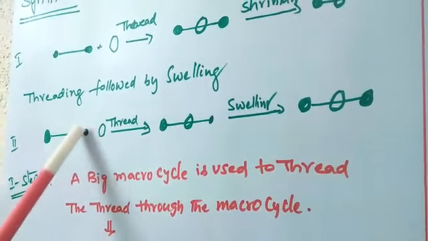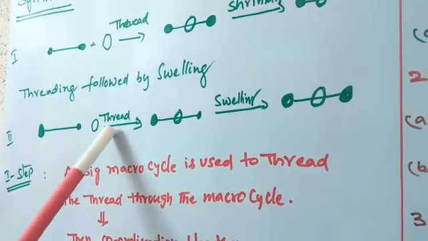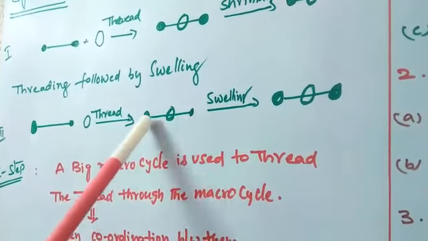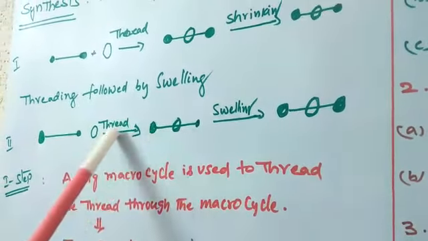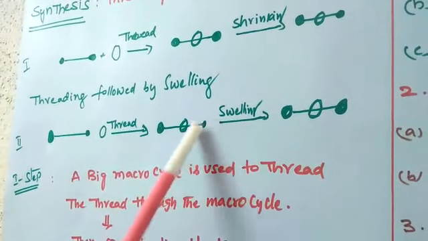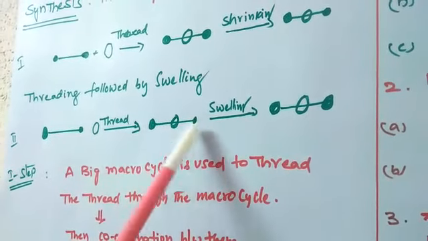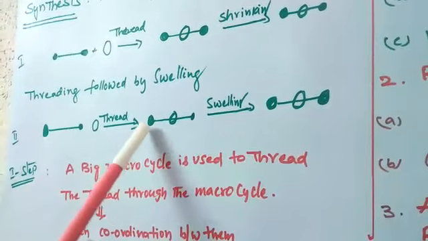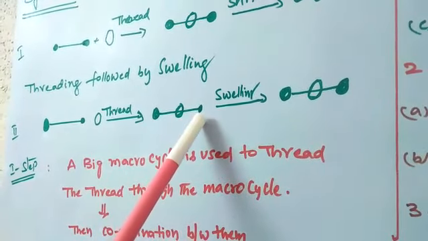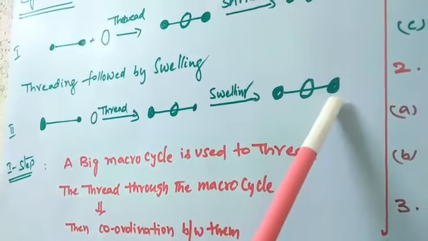The size of this atom is very small compared with this one. Then it is threaded by a ring, and the ring is placed between them. Then it goes for swelling. The size of the groups always increases. Here the size is large, but here it is small. But after swelling, the size of the group increases.